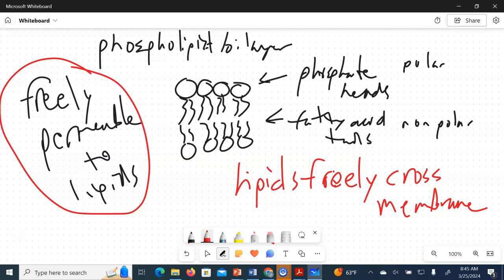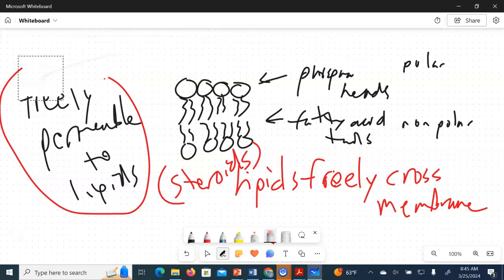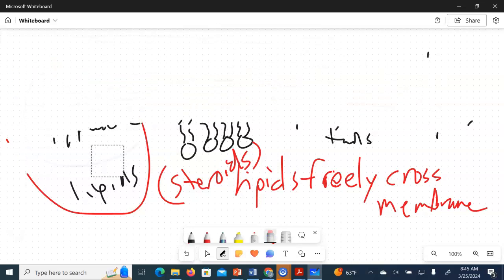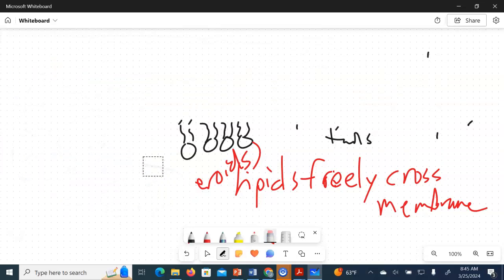What are lipids that we talked about? Fatty acids, steroids. If it's a lipid, it will freely cross the cell membrane. You're going to see questions on this exam that say, which of these molecules can freely cross the cell membrane? Pick the lipid.